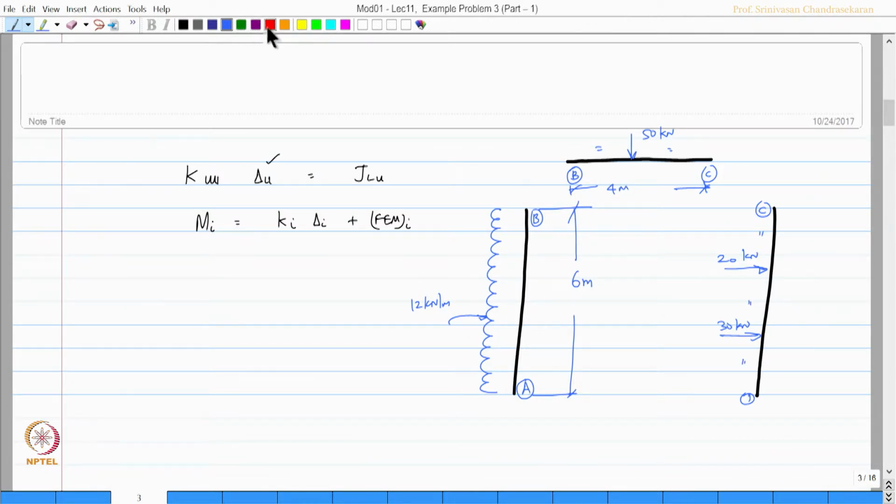In addition, we also had joint moments here as 20 and here as 30. So, for this we found out the results.